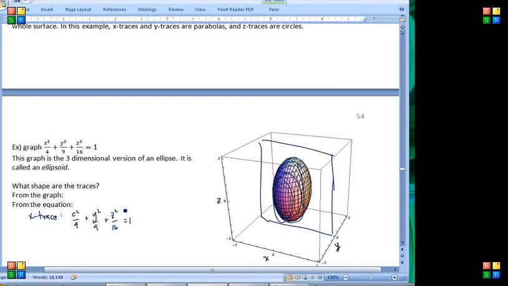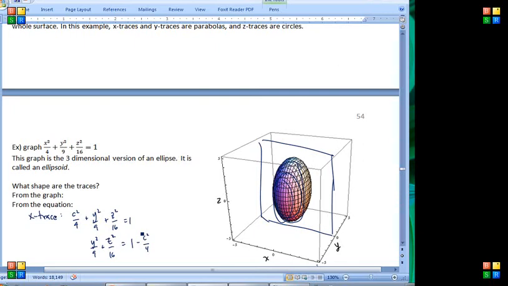Well, this is the algebraic approach. You just have to do some algebra. You get y squared over 9 plus z squared over 16 equals 1 minus c squared over 4. And now you have y squared over 9 plus z squared over 16 equals some number, but some number that's smaller than 1.